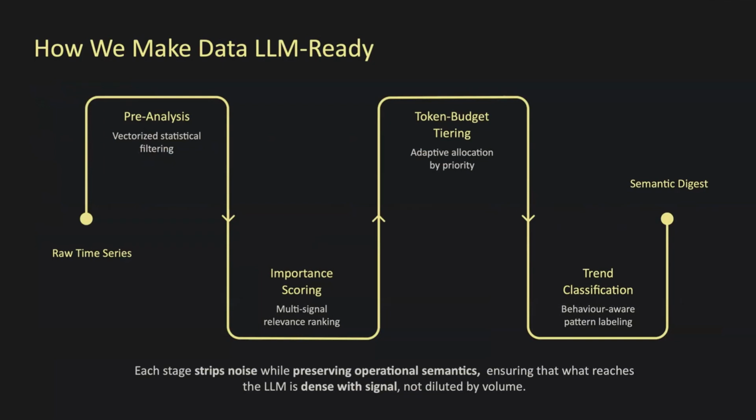So how does this work in practice? Semantic condensation is a multi-stage pipeline. And all we're doing at every step is to make sure that the noise is removed, but the meaning is also preserved. So a raw time series in this example that we saw before is fed into this pipeline, and it operates in 4 stages. In the first step, a pre-analysis is done.